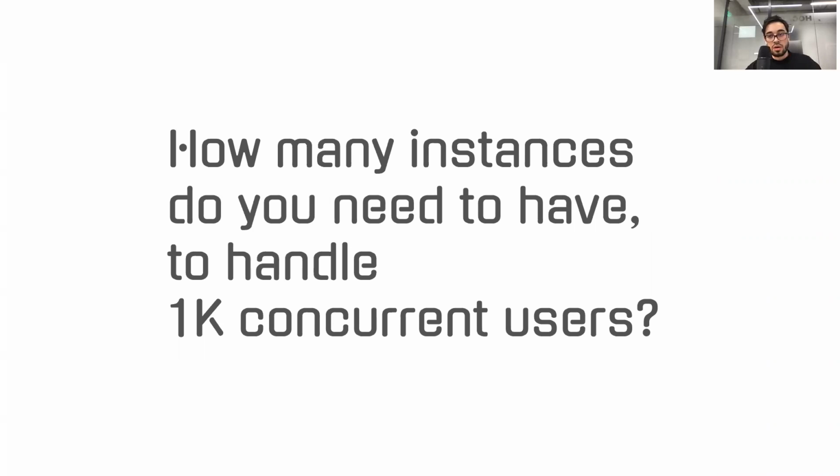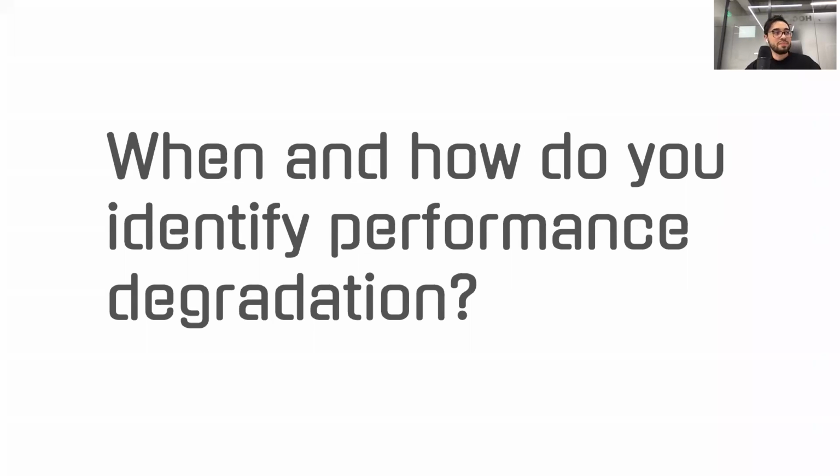And then the question, how are you going to scale it, based on what? Usually people talk about scalability, fault tolerance, availability, but how? This is a tricky one. This is a tough question. Next one: when and how do you identify performance degradation? For example, you're developing something, you added some logging to your API, and then boom, in half a year you understand that your RPS decreased 2 times.